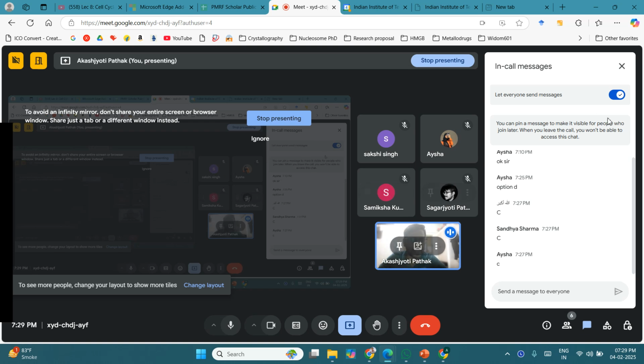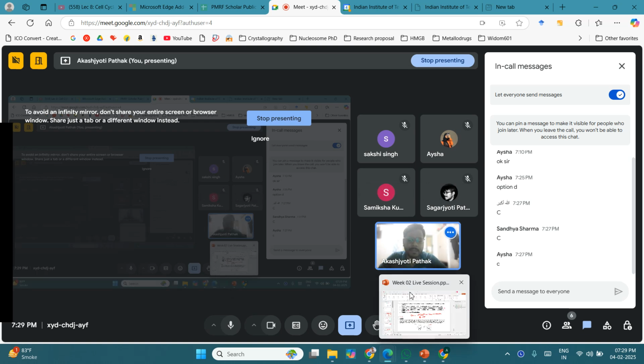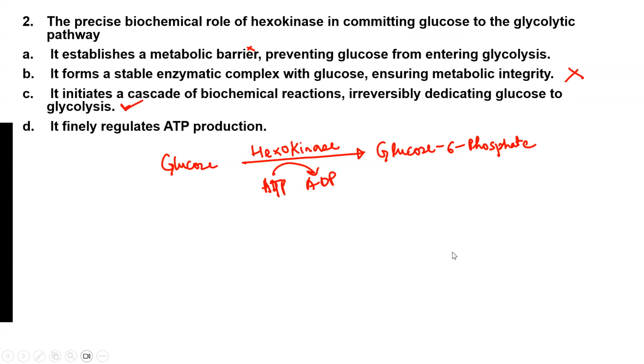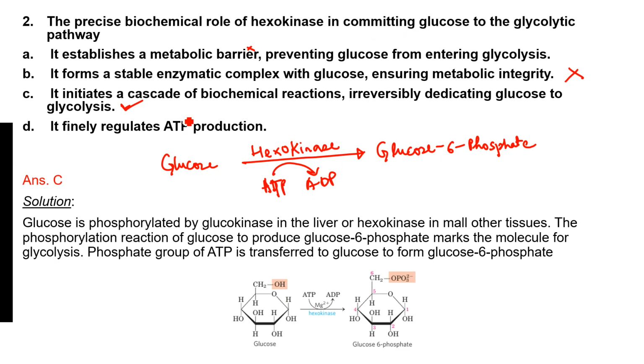Okay, yeah, all of you answered it correctly. Option number C. Let's read the detailed solution once. Glucose is phosphorylated by glucokinase in the liver or hexokinase in other tissues.